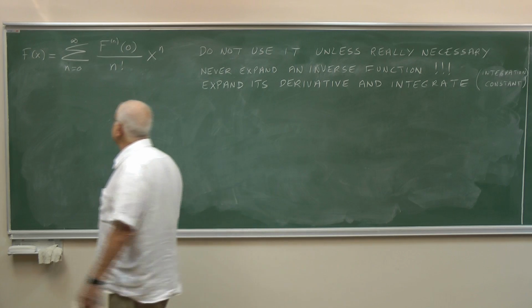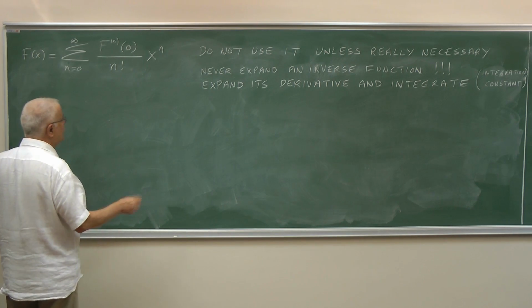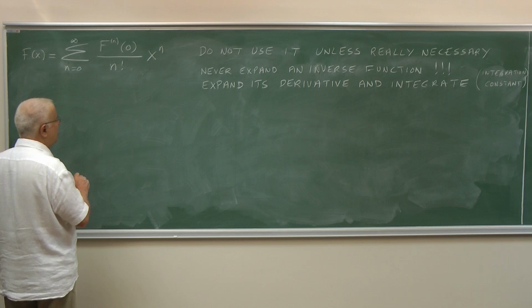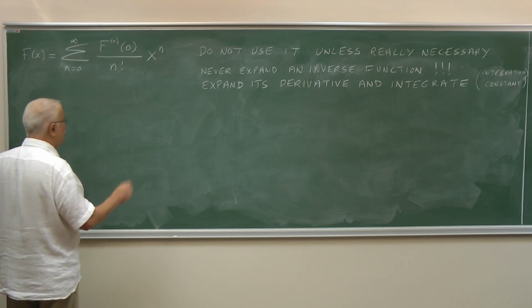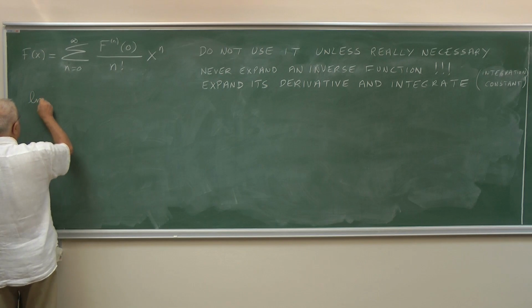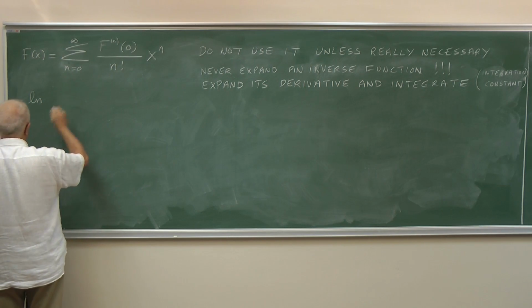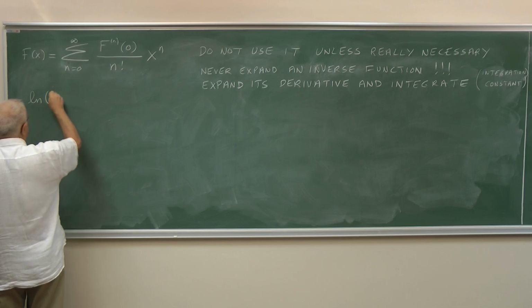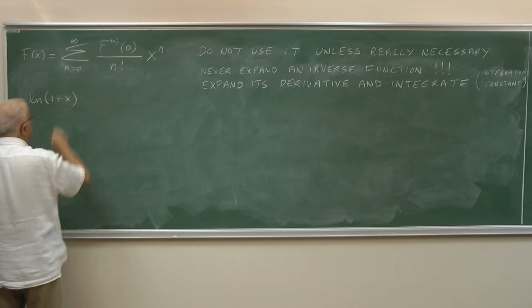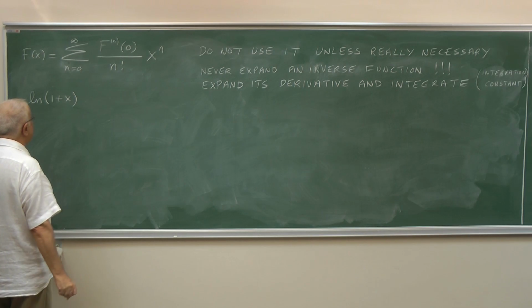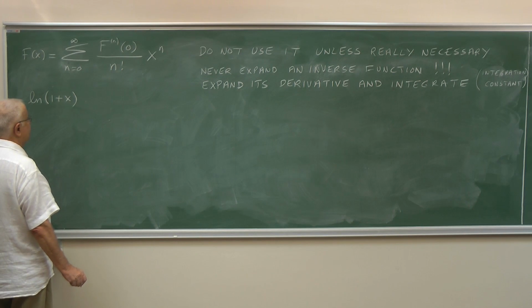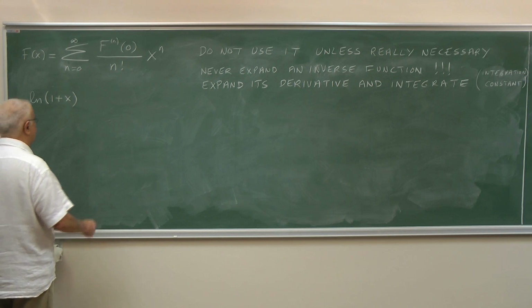So x equals to 0 is an ugly point for the logarithm function. So we don't expand ln around x equals to 0. So we expand it around x around 1. X equals to 0, but the argument is 1. So how do we expand this? We don't.